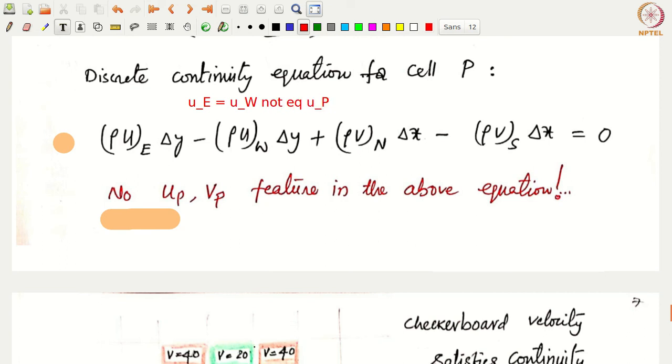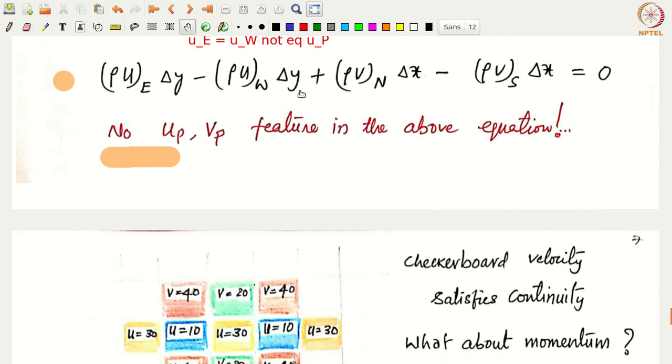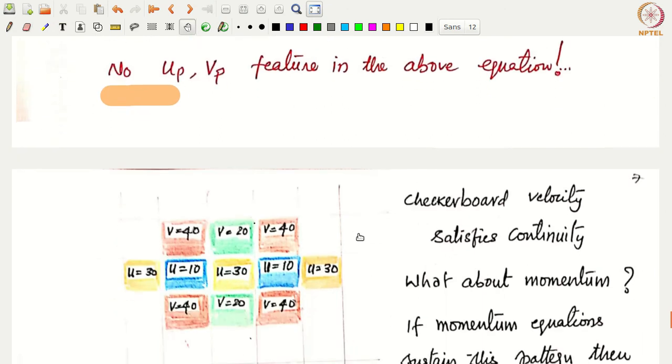Similarly Vn equals V south, but they are not equal to Vp, then this equation can still be satisfied, although there are oscillations in the velocity field. This equation will still give you a conserved continuity equation. What that means is that basically this kind of an equation supports checkerboarding, right?